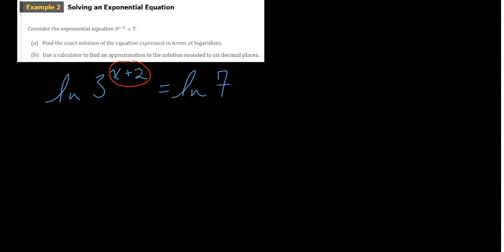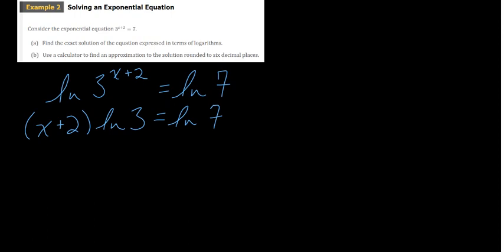And I want you to get into the habit of doing this. We're going to put it into parentheses. So let's explore if we didn't put it in parentheses.